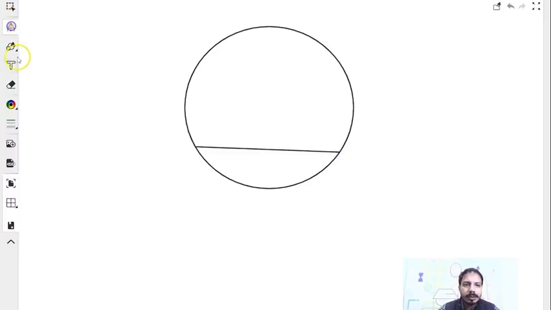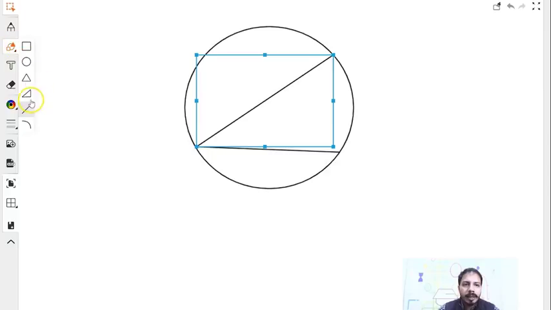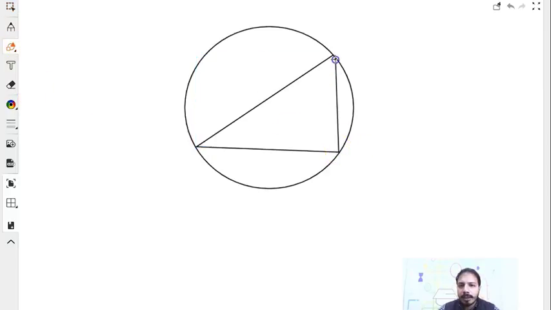So what happens is, suppose now I take any point P somewhere and I draw an angle, right? So what I'm saying is basically that these two angles are equal.